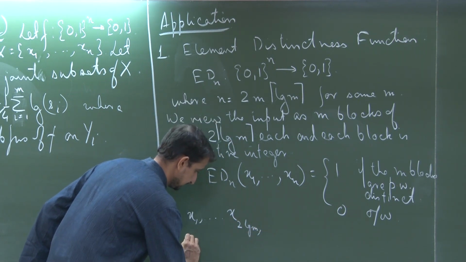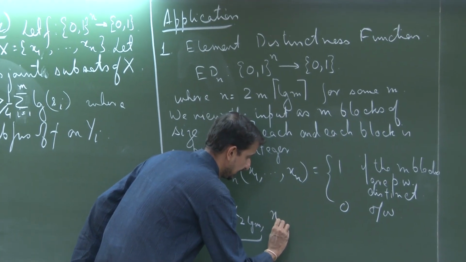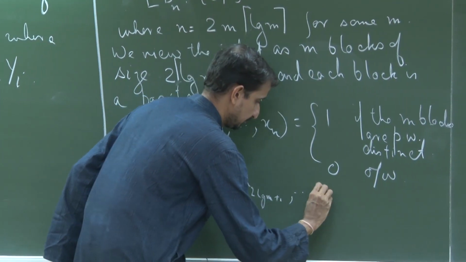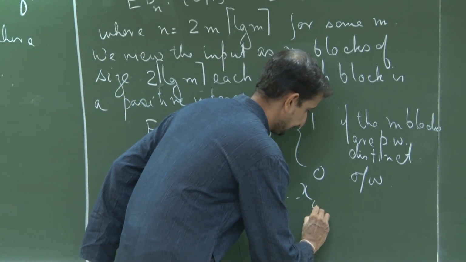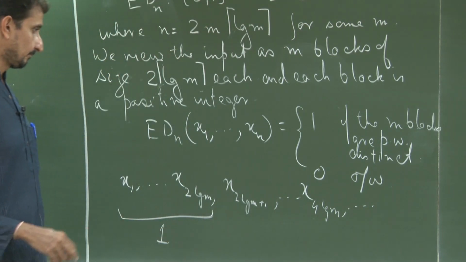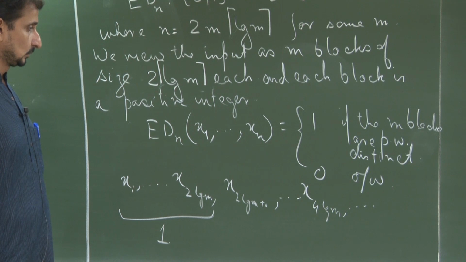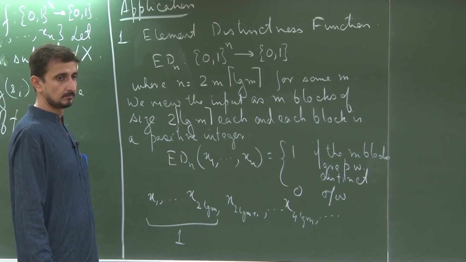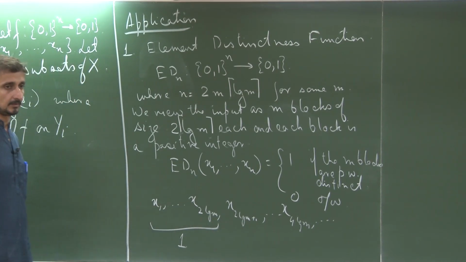So, this is block 1, then I have x 2 log m plus 1 up to x 4 log m, and so on. Here if x1 to x 2 log m are all 0 and x 2 log m plus 1 to x 4 log m is also 0, then the output will be 0. But if all pairs are different, then it is 1. Okay.